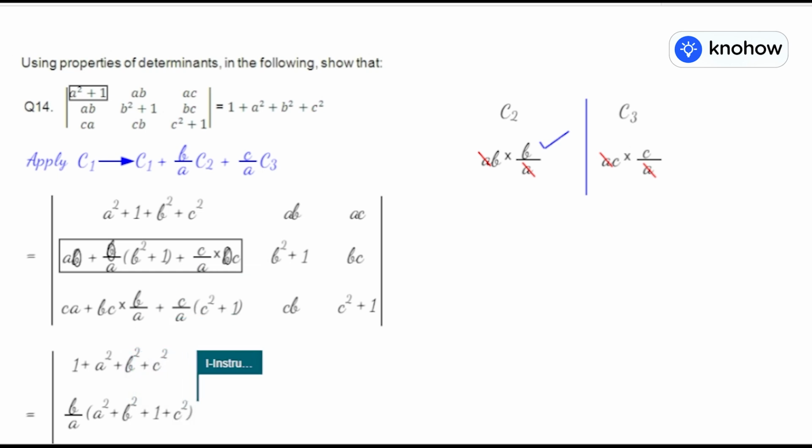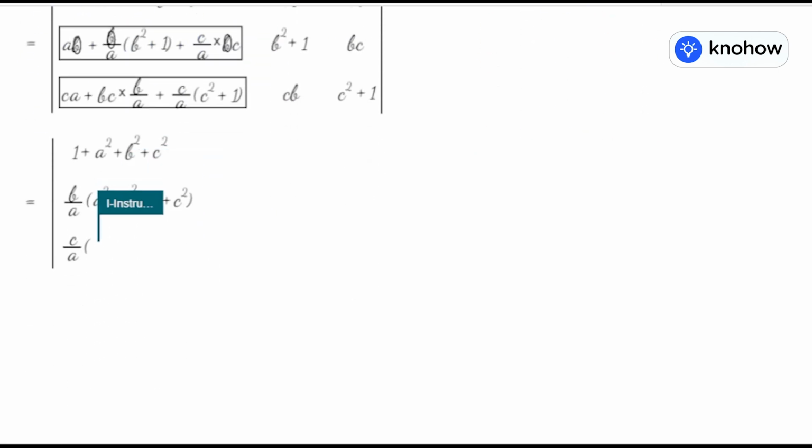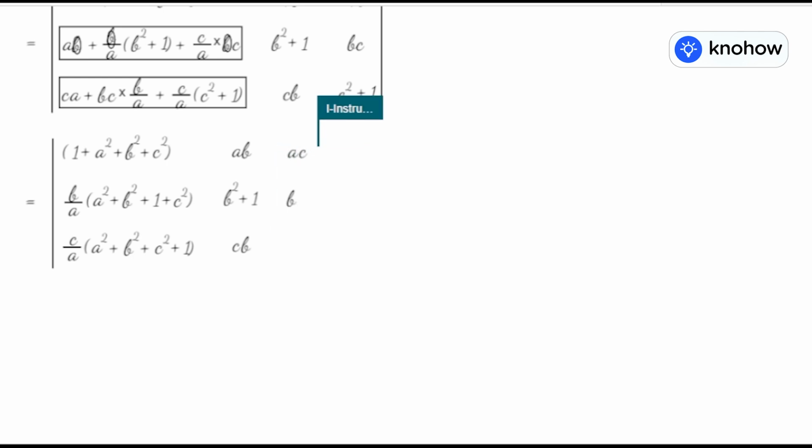I'm sure you can do it. Similarly, for the A13 element, you take a as LCM, and then take c by a common. So you get a square plus b square plus c square plus 1. Yes, we have got that in column 1, at least you have a common factor 1 plus a square plus b square plus c square. Next step will take it common, keeping the other two columns as such, that is ab, b square plus 1, cb, ac, bc, c square plus 1.